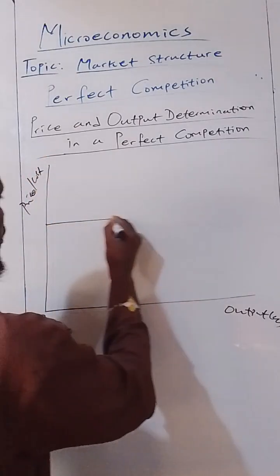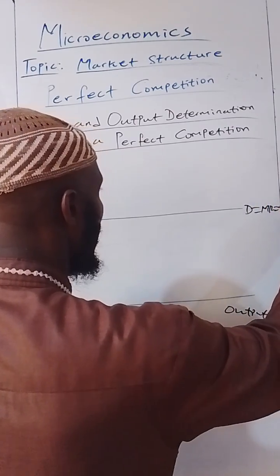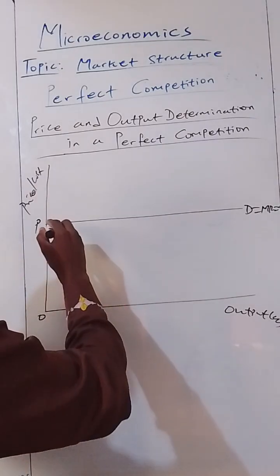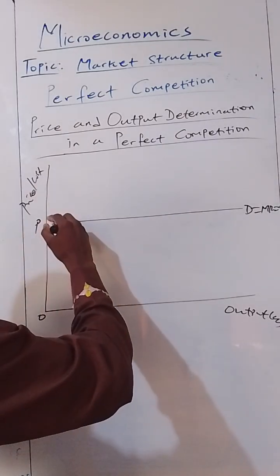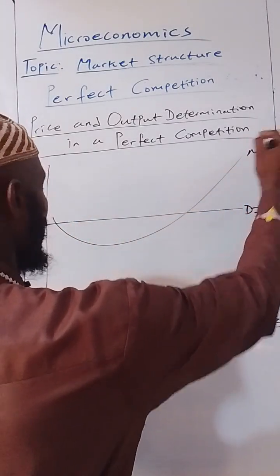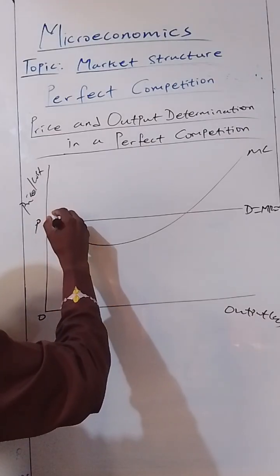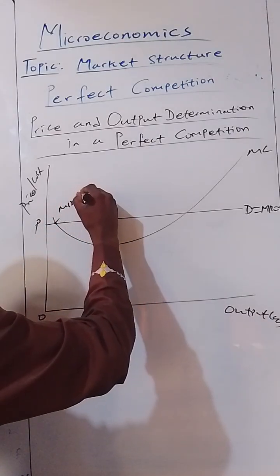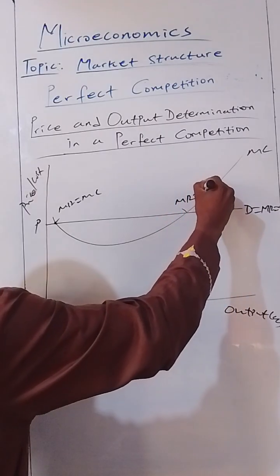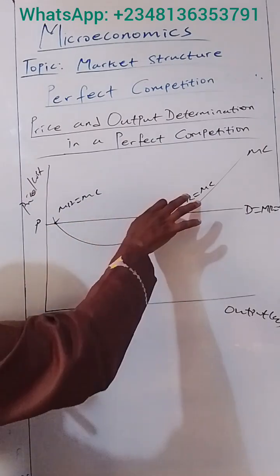So this is the demand curve, which is equivalent to MR and AR, and this is the price. Now at times we can draw our marginal cost to start from up here. Let's say this represents my marginal cost. You can see at this point MR is equal to MC. Also, likewise at this point MR is equal to MC, meaning that the firm is in equilibrium here, and it is also in equilibrium here.